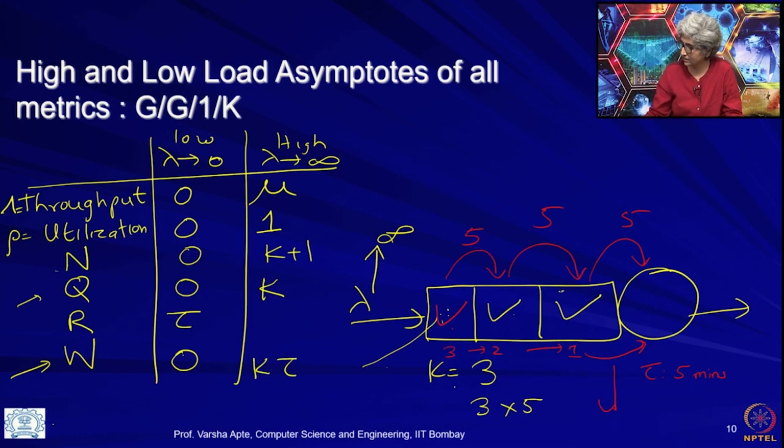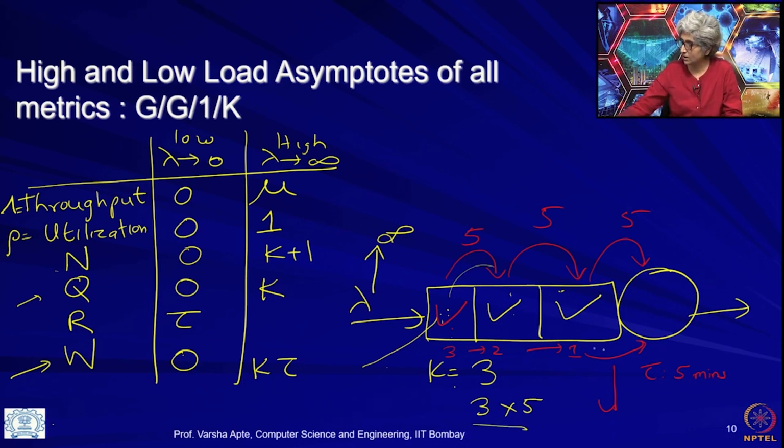Again, think about it: if the request arrival rate is so high, any request that is coming in will only be able to join the queue when some request has just left and the last position is empty. So, you come in here and now you have to move 1, 2, 3 positions until you can start service. This will take 5 minutes, this will take 5 minutes, this will take 5 minutes, and that is how you get 3 into 5, and that is k tau.